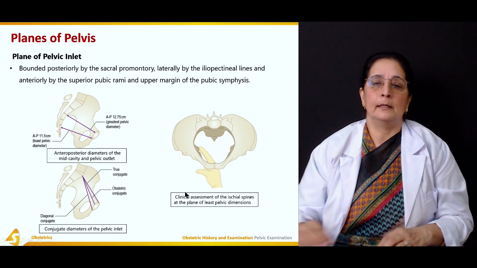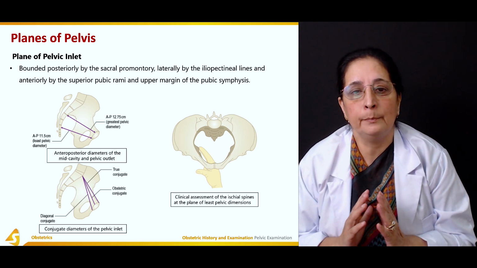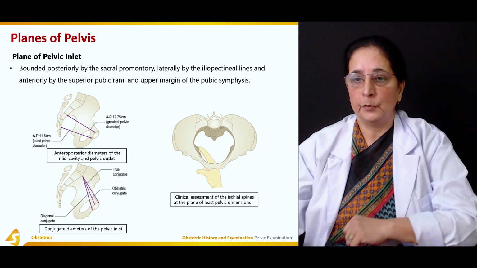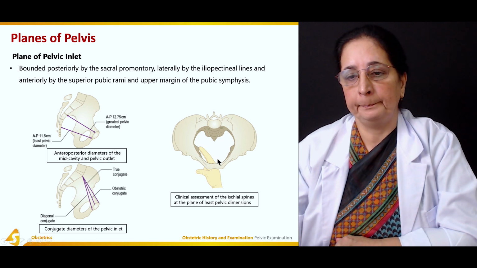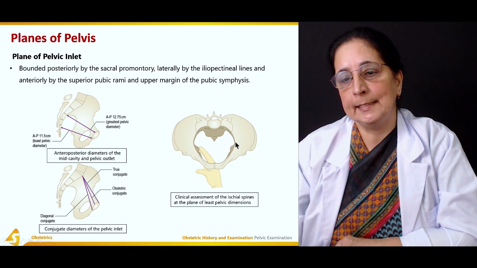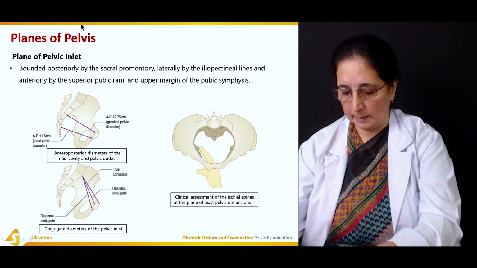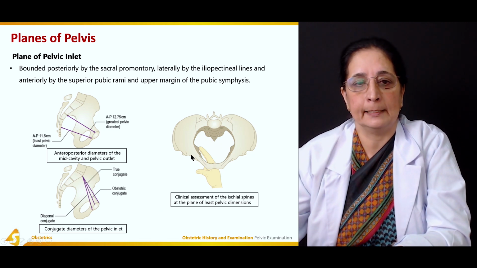So all these are the margins or planes of the pelvic inlet. Posteriorly is the sacrum, anteriorly is the symphysis pubis, laterally is iliopectineal lines. This is the ilium bone, iliopectineal lines. This is the ischial spine. So all these are the planes of the pelvic inlet.